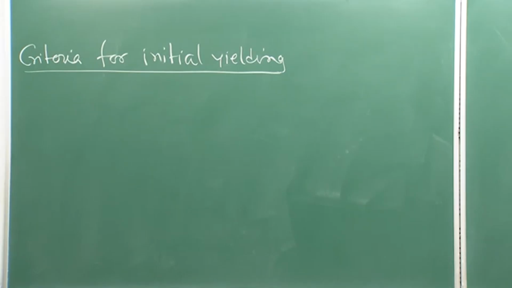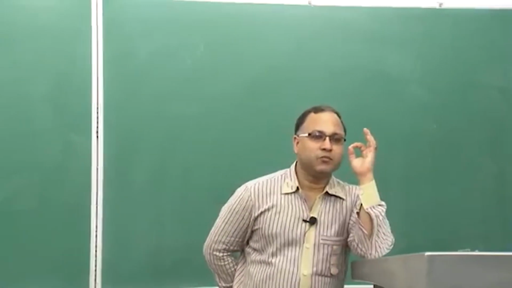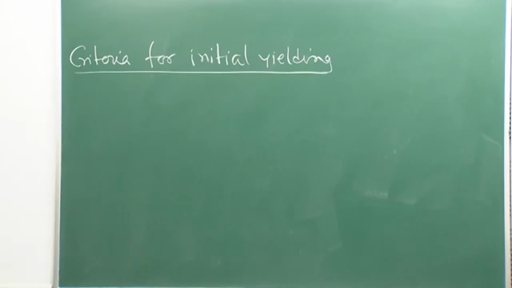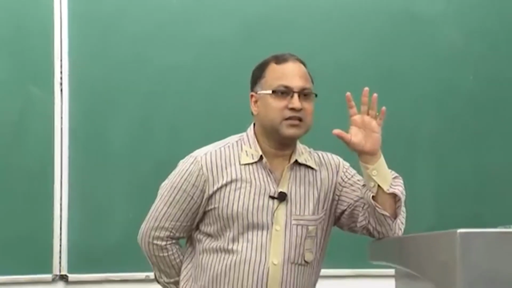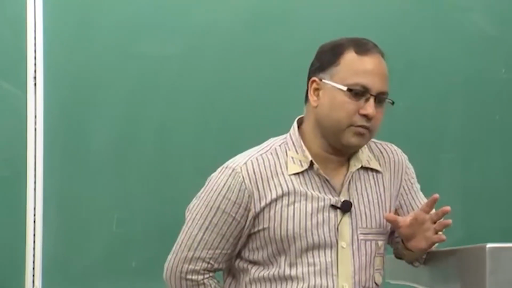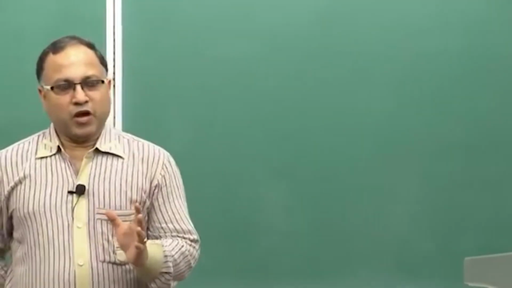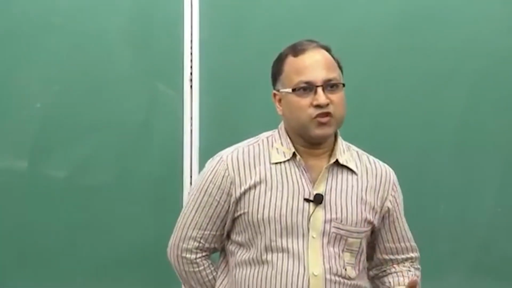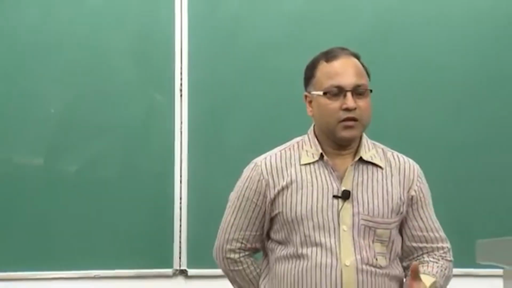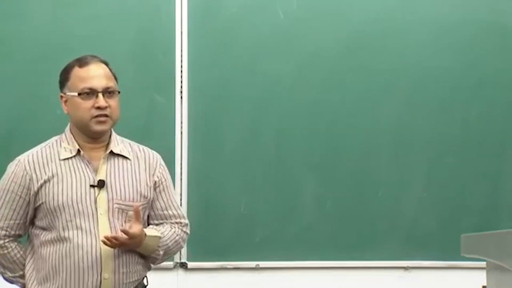You know by this time that the yield point is a very important point. It makes the demarcation between the elastic behavior and the plastic behavior. From the yield point your plastic deformation initiates, so that point is very important to be determined.